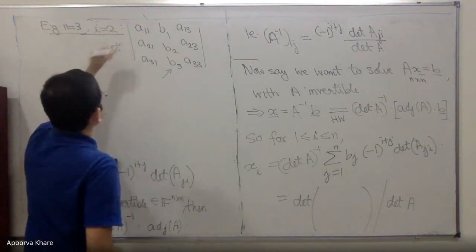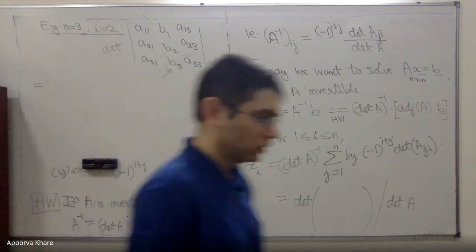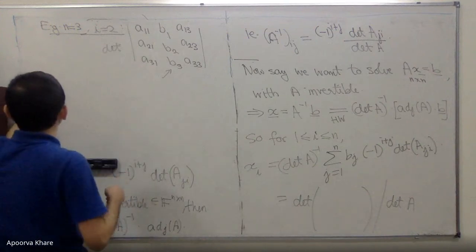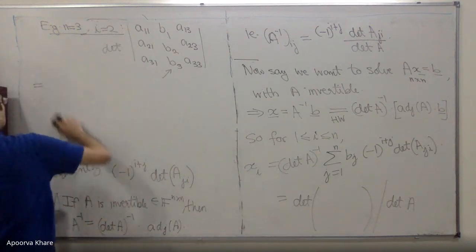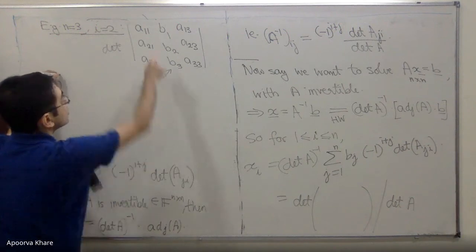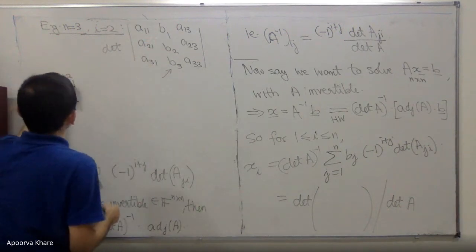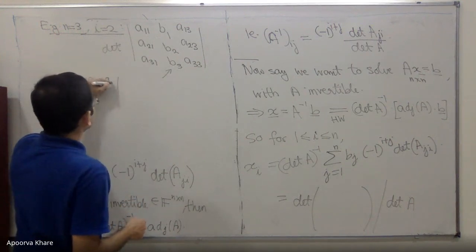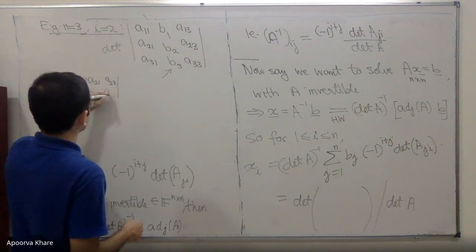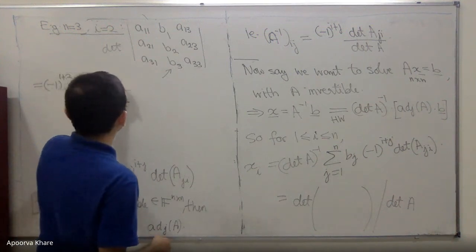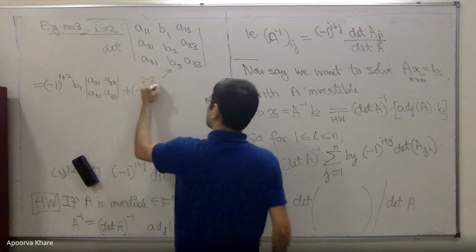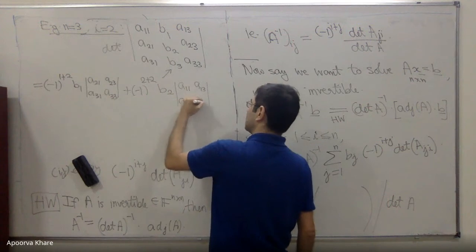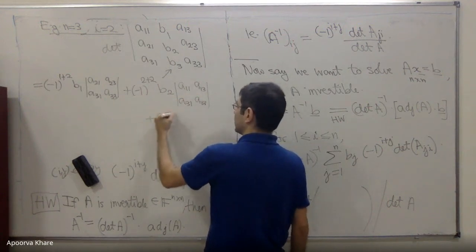The determinant of this equals, along the second column, (-1)^(1+2) b1 times the det of a21, a23, a31, a33, then (-1)^(2+2) b2 times the det of a11, a13, a31, a33, and then plus whatever for b3.